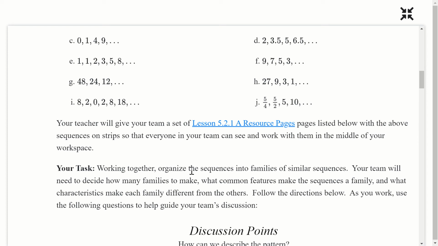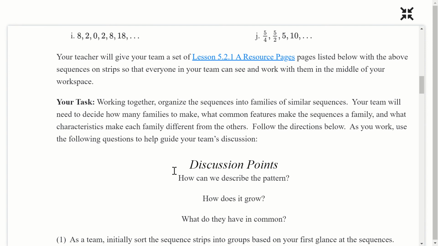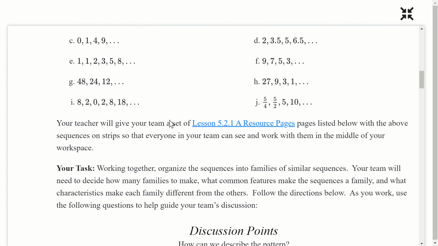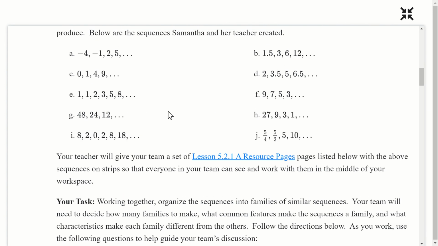Now that's going to be difficult to do because you're not exactly sure what they look like. So you can look for some patterns, and maybe if you look at them, you can think, oh, this sequence is generated by doing this thing. These are generated by doing these. So maybe you could initially come up with a couple quick groups and just separate those somehow.